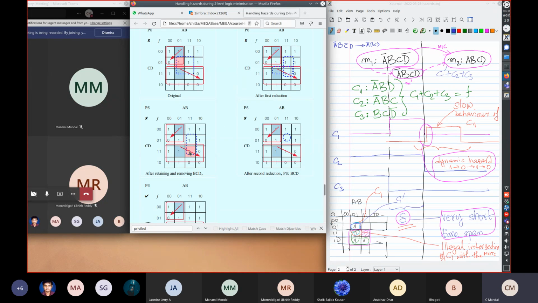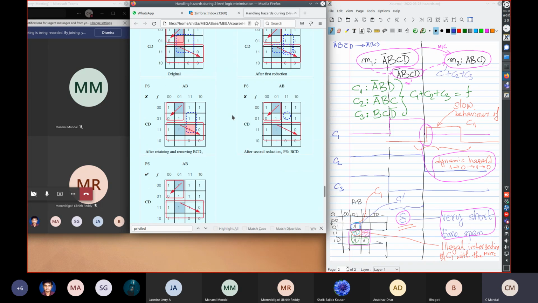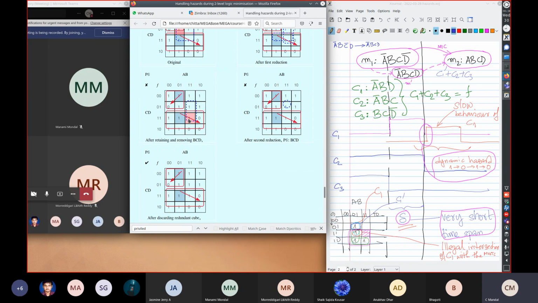Now let us look at this. So this one again has an illegal intersection, shown in red. So we prune this out. So this is what you are left with. Now this one can be discarded. Why?